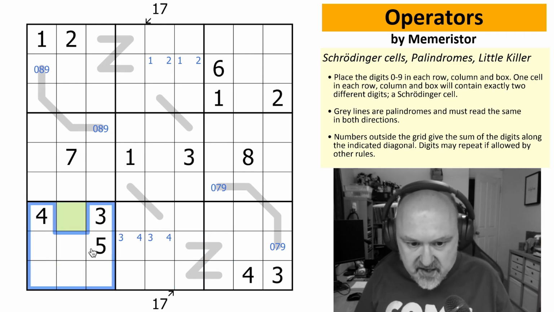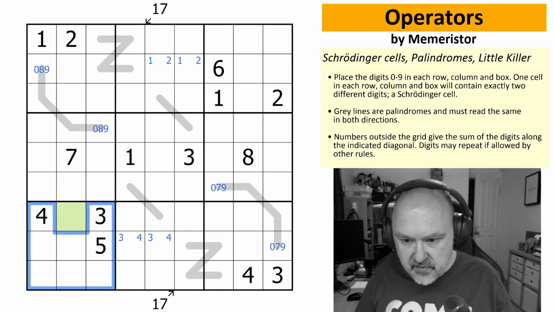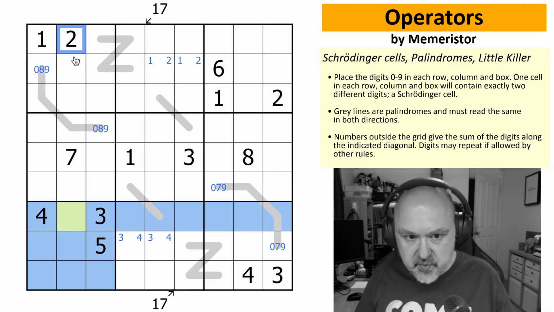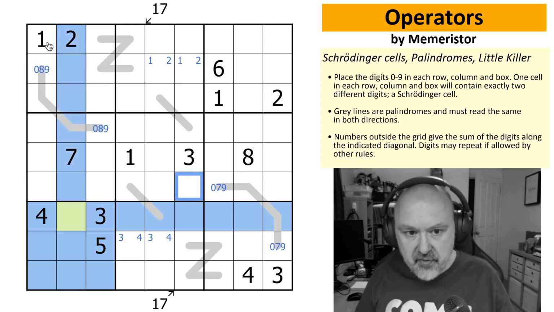And the reason I'm separating it is because what I want to do now is say, I'm going to use blue. Blue is not Schrödinger cells because we know there is a single Schrödinger cell in each row, column, and box. Now, this 1-2 pattern is the same. This is a Schrödinger cell because where do these two cells go?